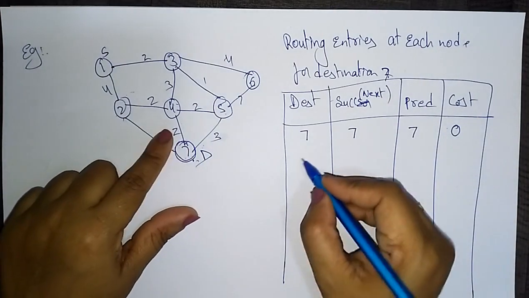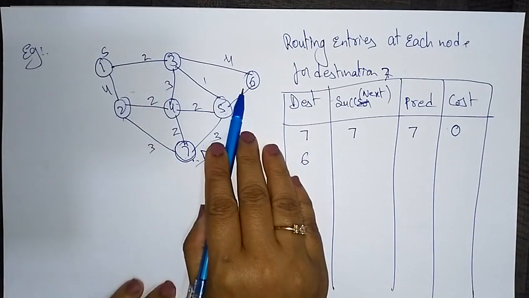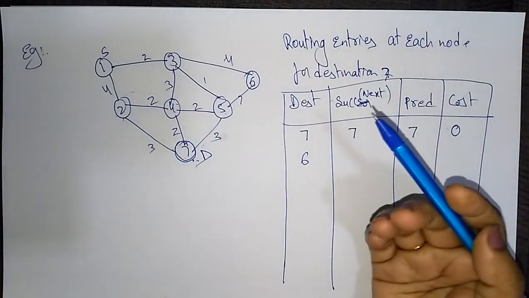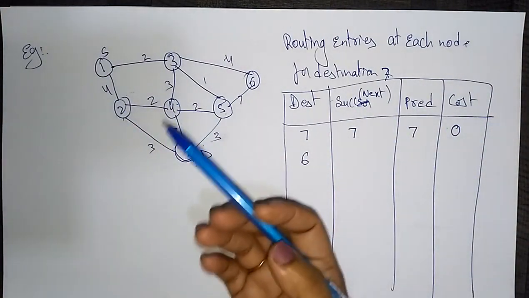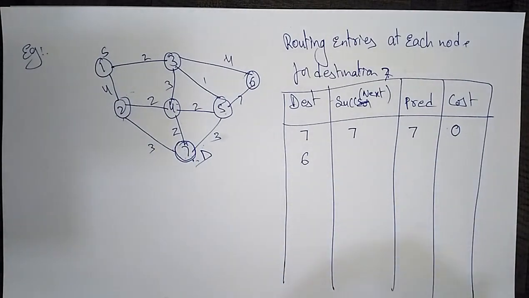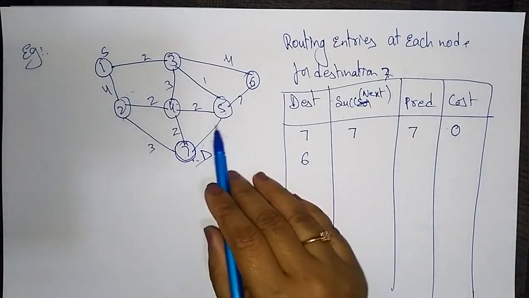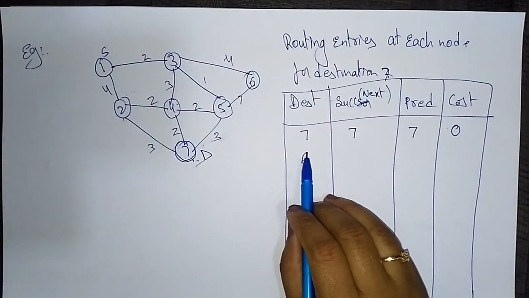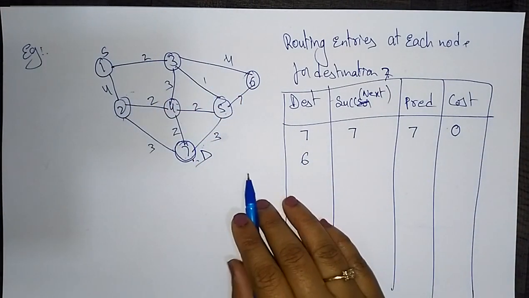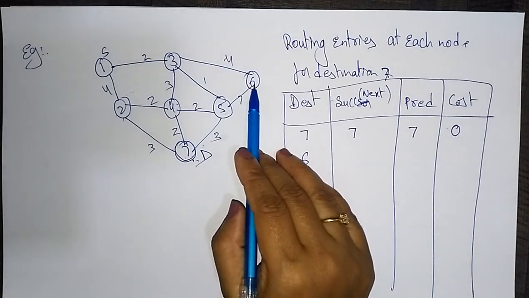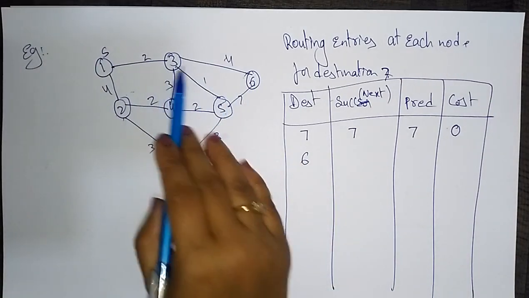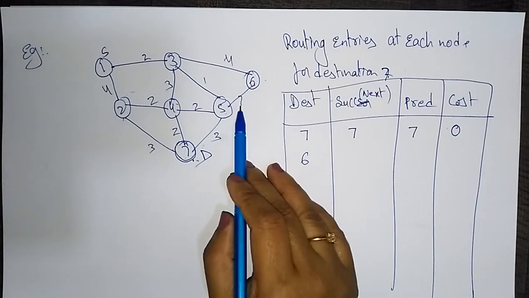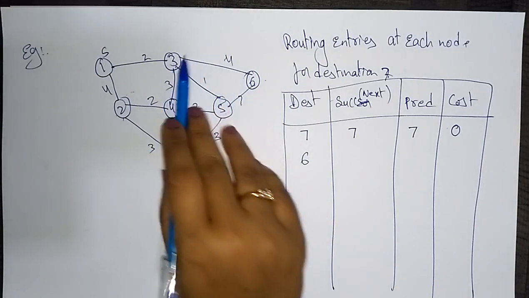Now let's take the 6th node. I'm taking this, you can take your own node, whatever node you want. So I'm taking 7, 6, 5, 4 like that. If you take the 6th node, what is the successor, meaning the next node? The next node of 6 is 3, because the cost of 6 to 5 is 7, but here the cost is less.